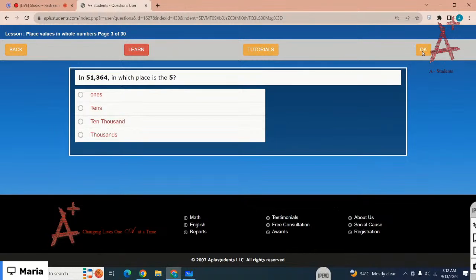Yes, that is 10,000s. 5 is at the 10,000s place, right? You can write them down in a place value chart. 4 is at the ones place, 6 is at the tens place, 3 is at the hundreds place, 1 is at the thousands place, and 5 is at the 10,000 place. So that would be 10,000. Very good.